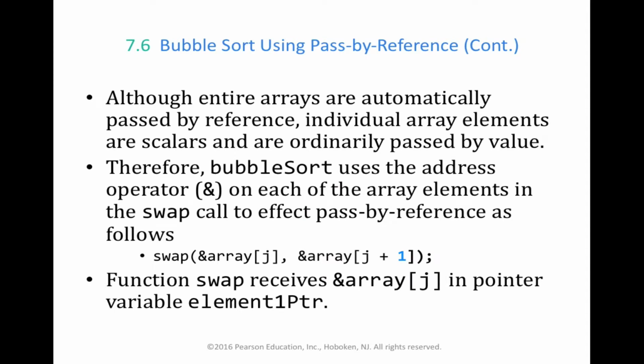Although entire arrays are passed automatically by reference, individual array elements are scalar values and so are ordinarily passed by value. Therefore, bubbleSort uses the address operator on each array element in the swap call to effectively pass by reference as follows.